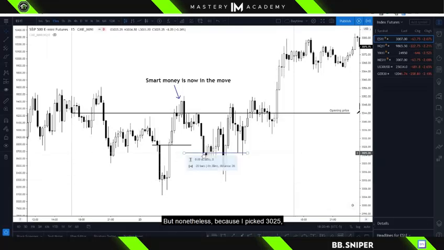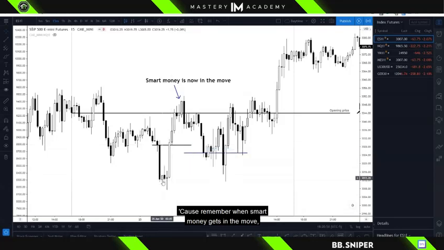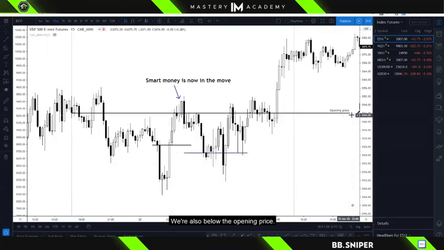But nonetheless, I picked 30.25 because it's a 25 level and it's also inside of this imbalance. Because remember, when smart money gets in the move, sometimes they leave imbalances, right? And so when the market comes back down to fill in those imbalances, we're also below the opening price. Ding, ding, ding, right? We're below our opening price.